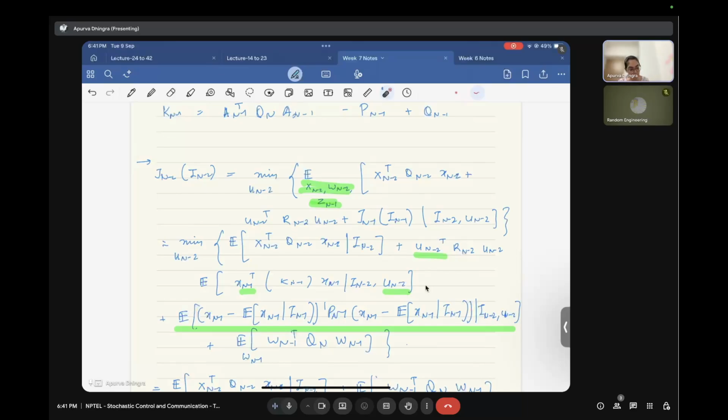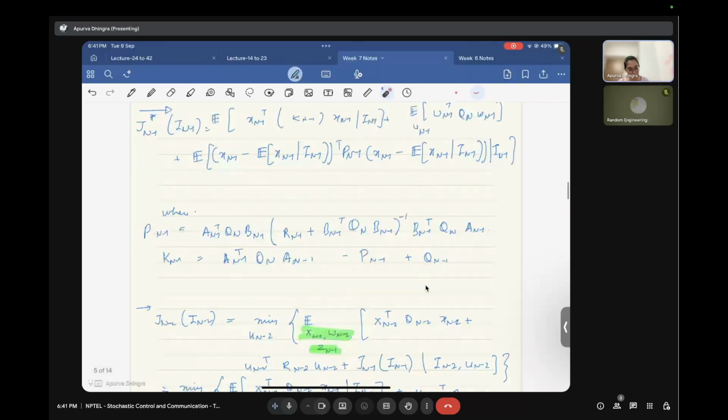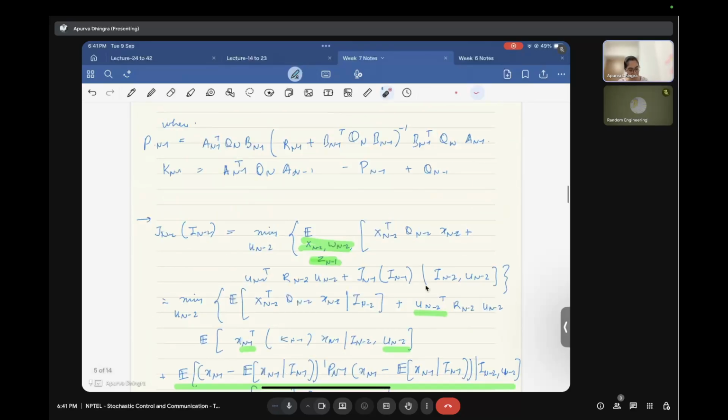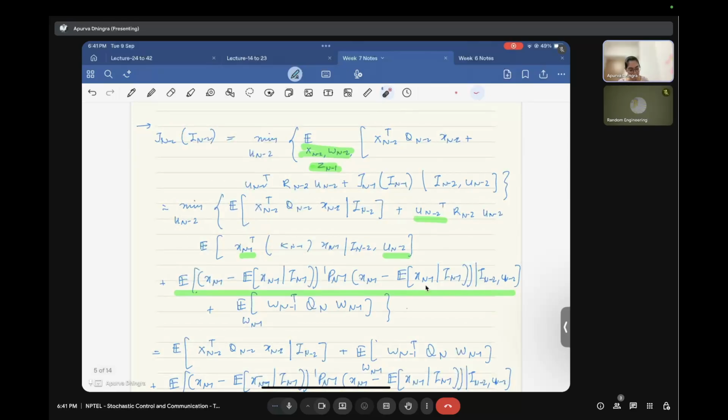Right, and now we're going to start plugging in these values. Remember, J n had three terms. These two are the common terms. This is the term that we're going to focus on for a while. So the first term from the J n minus 1 I n minus 1 component is the stage-wise cost term, which is the following. Now here it has converted to K n already.